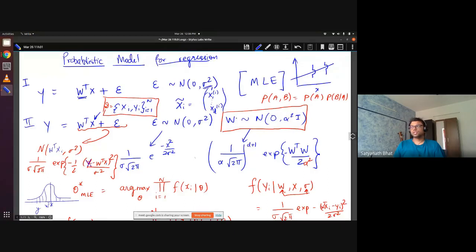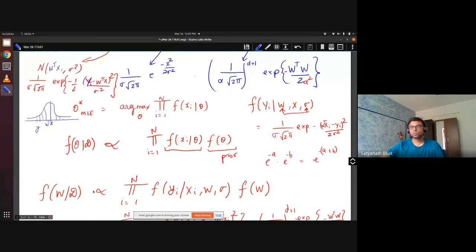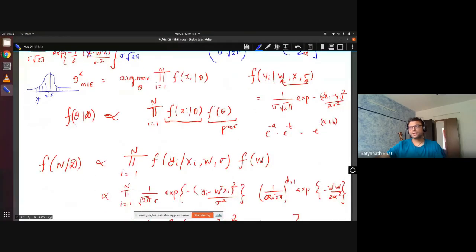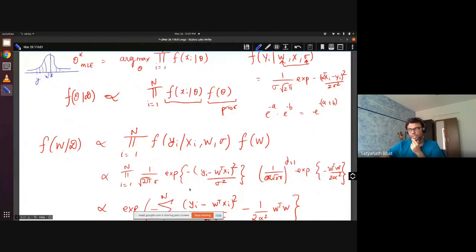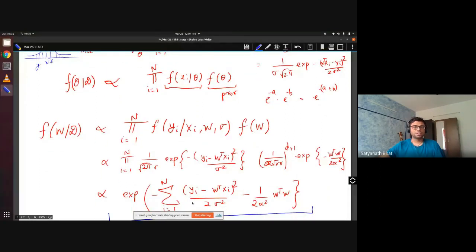You have a distribution over W, which is normal with zero mean and variance alpha squared I. If you remember from when we were doing MAP estimation, we have to get the posterior: we look at the entire terms that arise here, look at the exponent, collect all these terms, and adjust these expressions to get the posterior. I had asked you way back to do this for a normal distribution.